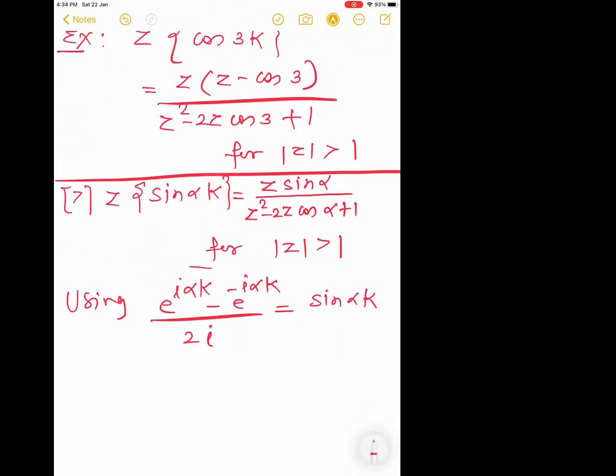Okay, those who are interested, I'm telling again and again, because nobody is going to ask you the derivation as such, only how you use the answer while solving your problems. That is the important part. So z sine alpha upon z square minus 2z cos alpha plus 1, that is the sine answer, and modulus of z greater than 1 is the region of convergence.